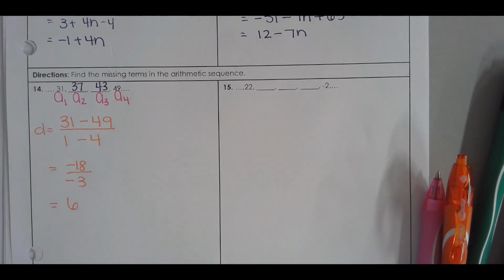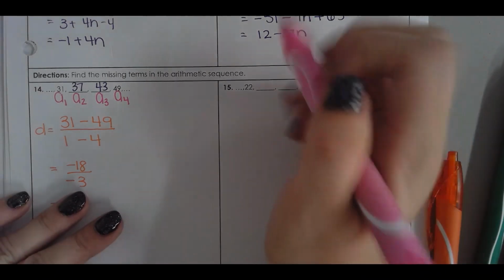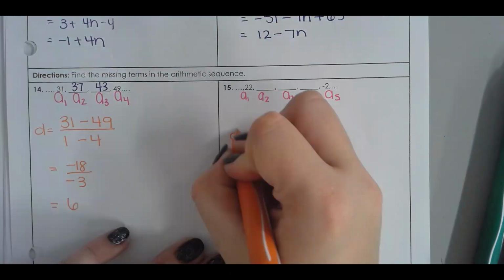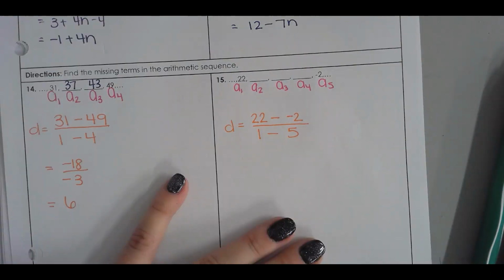All right, so if we label these A1, A2, A3, A4, the common difference would be 22 minus negative 2. 1 minus 5.